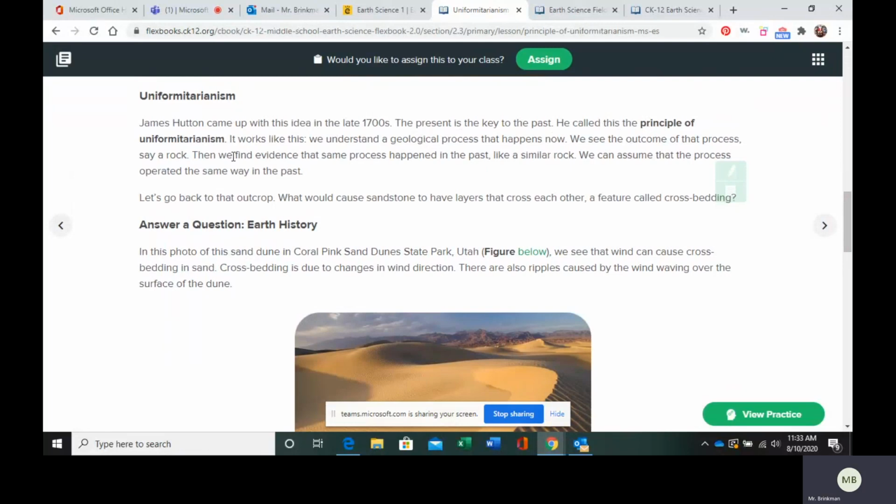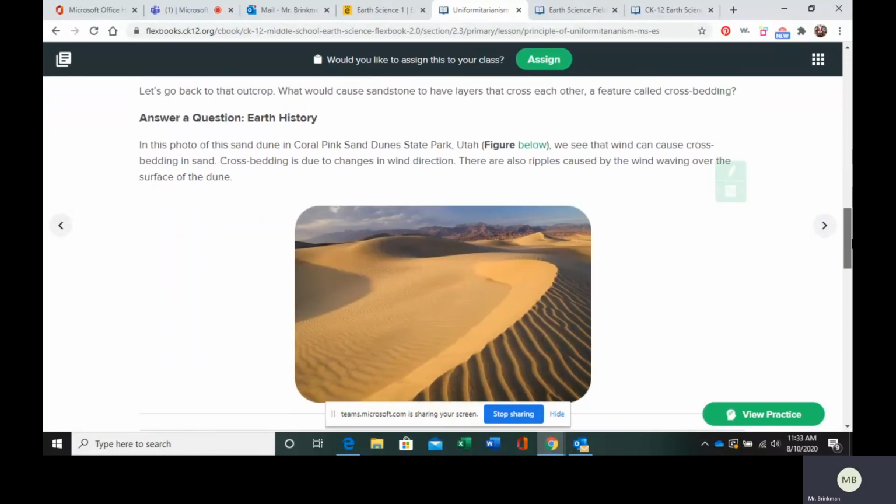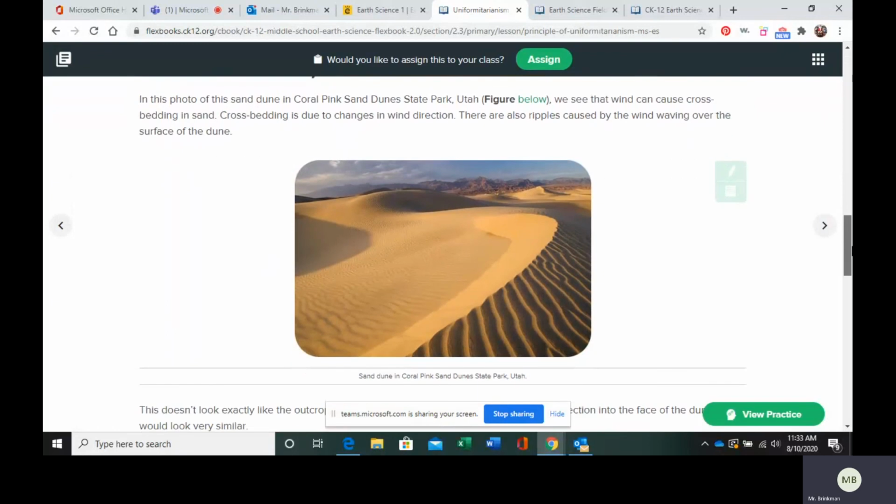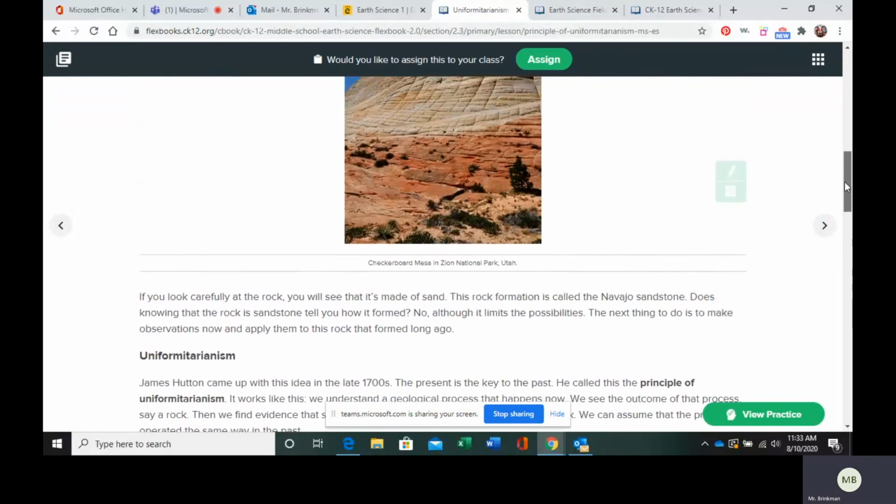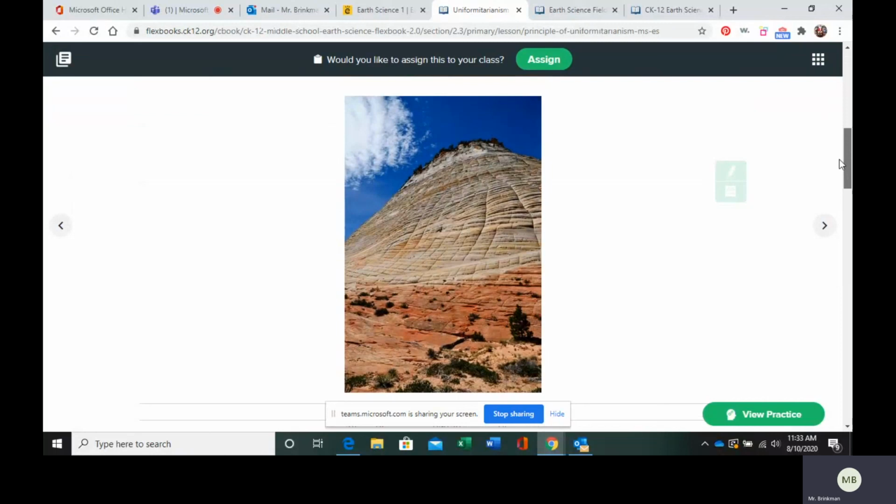So what this means is we look at a certain geological process in the present to try and explain things that happened in the past. So for example, we can observe this sand dune in the present, and we can conclude that perhaps that is how this structure formed in the past.